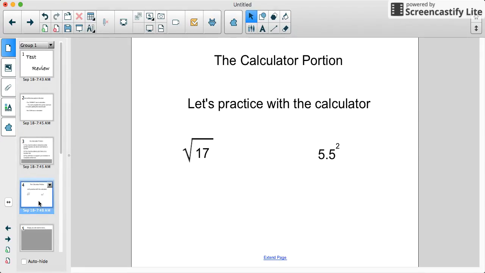Our answer should be 4.123105626. Now with this, we can tell that there is no noticeable pattern in any of those numbers. So we feel that it is not going to be a repeating number.